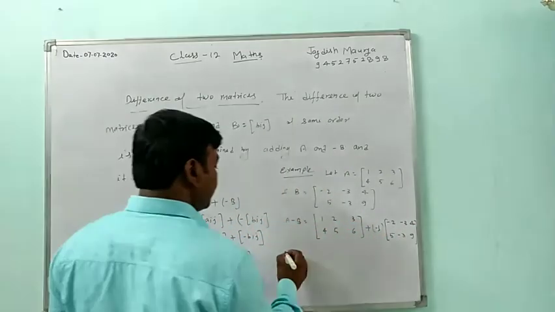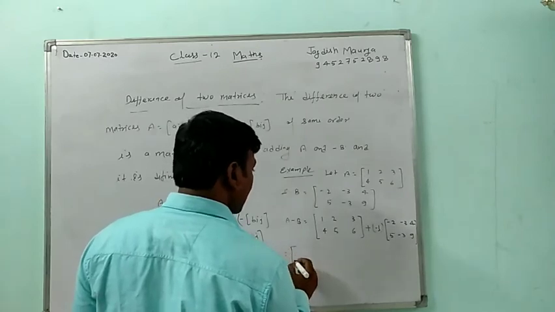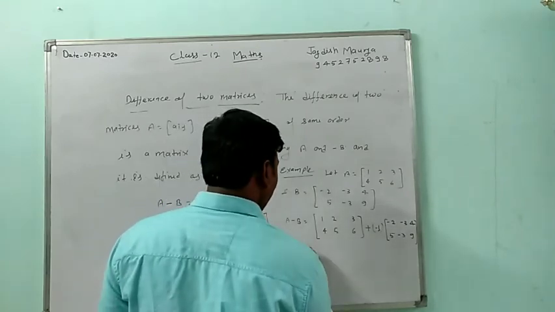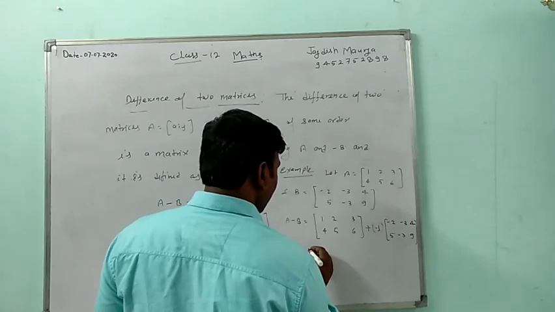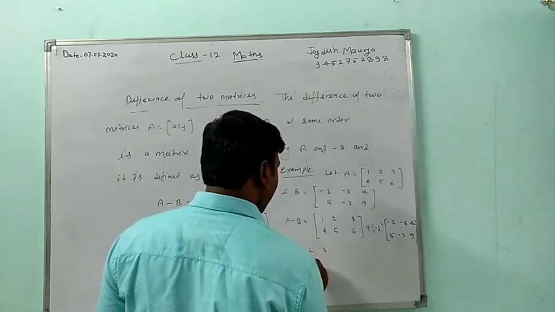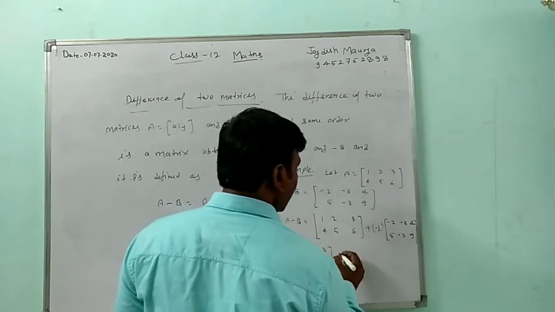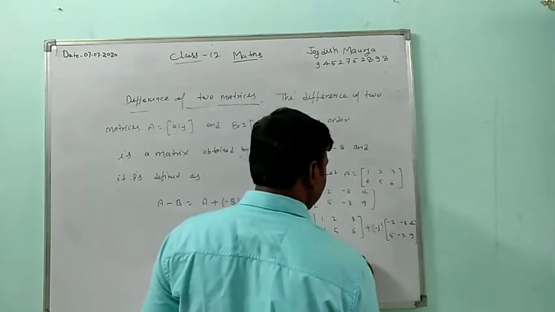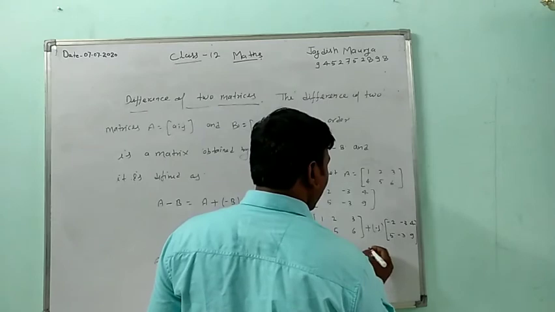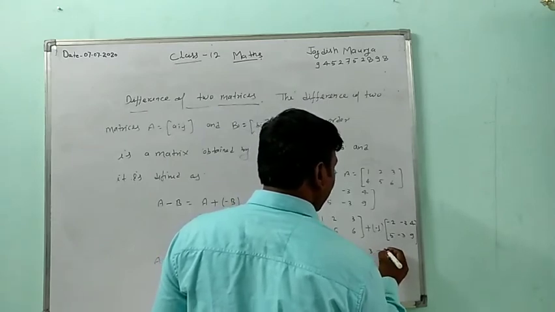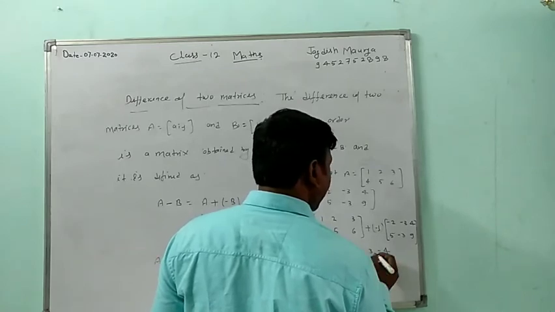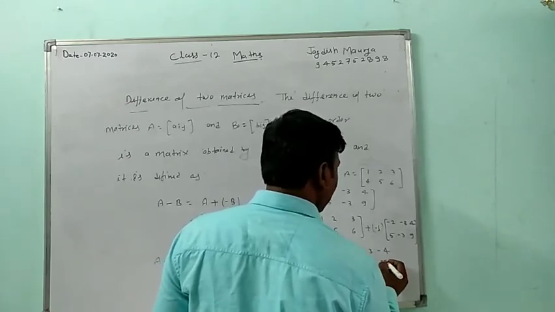This will come 1, 2, 3, 4, 5, 6 plus 2, 3, minus 4, 5, 3, minus 9.